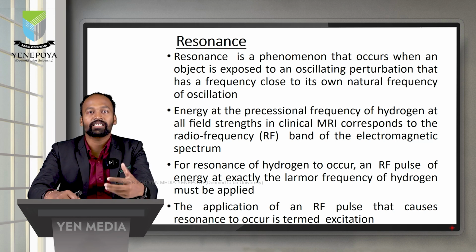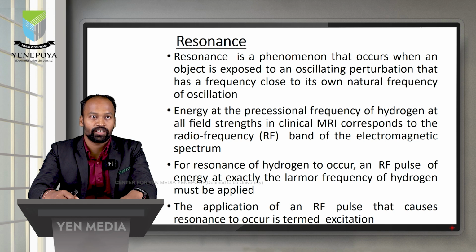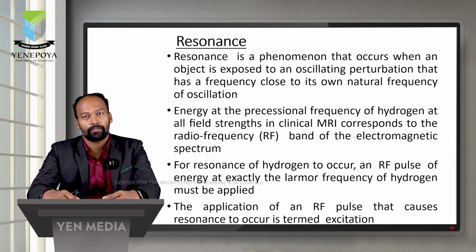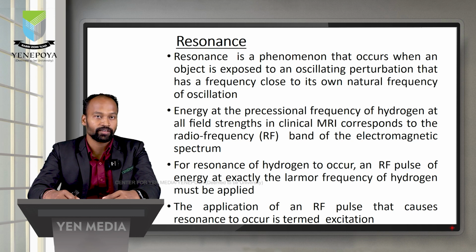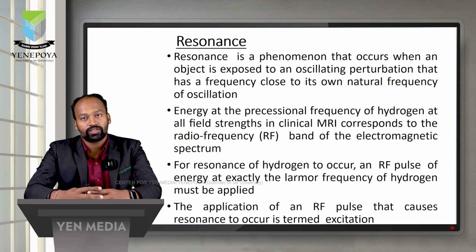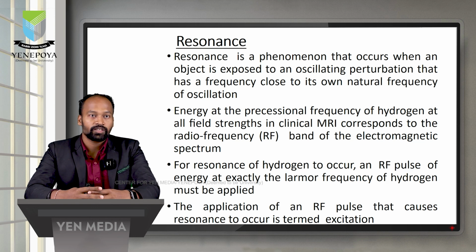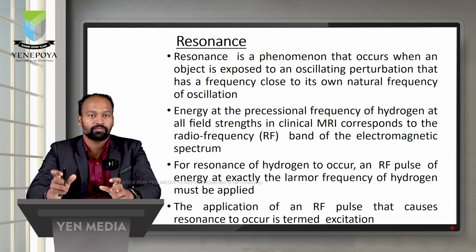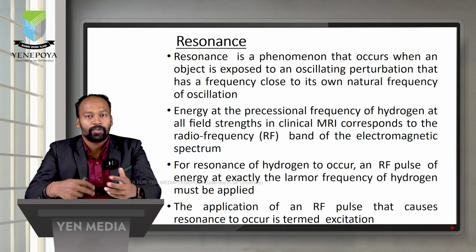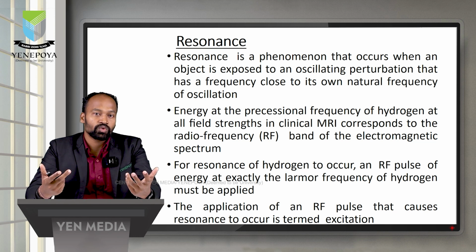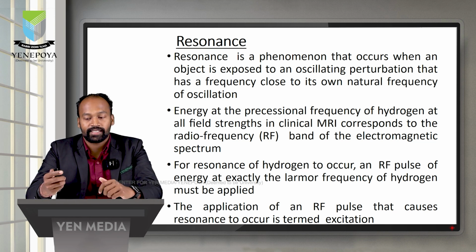The energy at the precessional frequency of hydrogen at clinical MRI field strength corresponds to the RF band of the electromagnetic spectrum. So, for resonance of hydrogen to occur, an RF pulse of energy at exactly the Larmor frequency of hydrogen must be applied. The application of the RF pulse that causes resonance to occur is known as excitation.